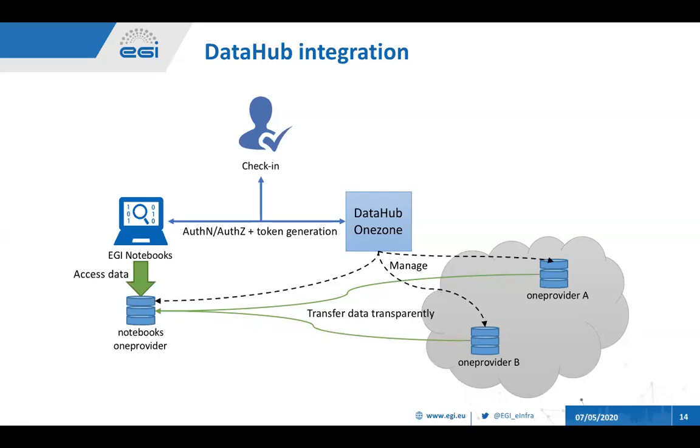When you access any external data that is available in any other EGI Cloud, in Provider A or Provider B, and it's never been used here before, the OneZone will detect that and will trigger a transfer of the data automatically and transparently as you access the file. You just try to access it and it will move the data as needed. I have a video later on showing this whole flow with Finder, so you can learn a bit more later on.